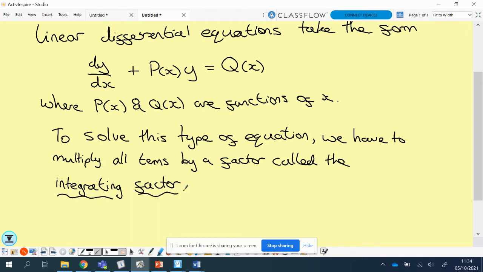Okay, we'll just highlight there the integrating factor. Okay, so that's the thing that's going to be new for us.